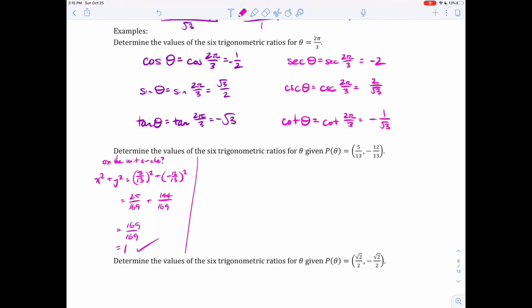In that case, we can just straight up say that cos theta is equal to x, which in this case is just 5 over 13. And similarly, we can say that sine theta is equal to y, and y here is negative 12 over 13. How about tan theta?